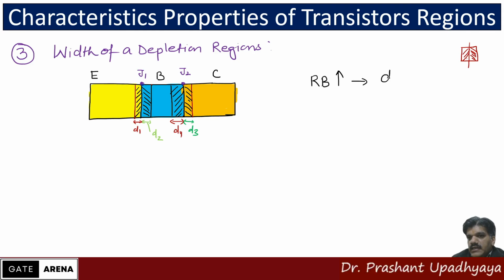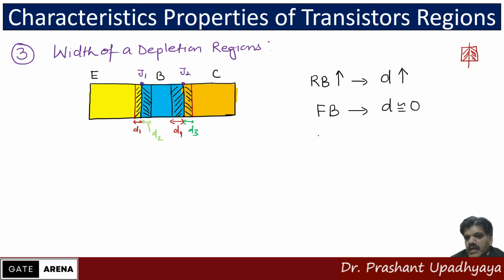What we have seen is that when we are increasing the reverse bias condition, the depletion layer is going to increase. When we are talking about the forward bias condition, the depletion layer is almost equal to zero.